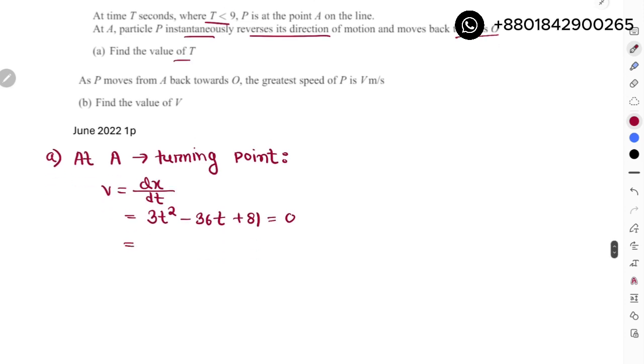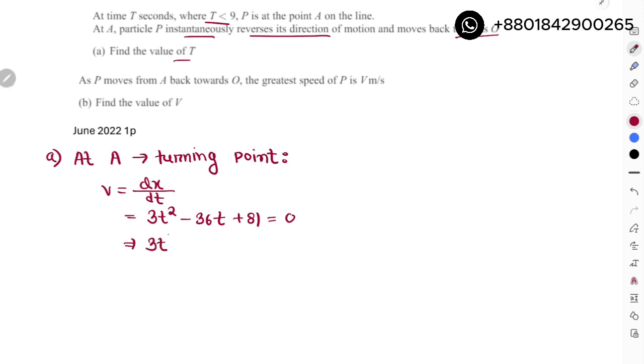Then from there I can just split the middle term. We can use 27 and 9.